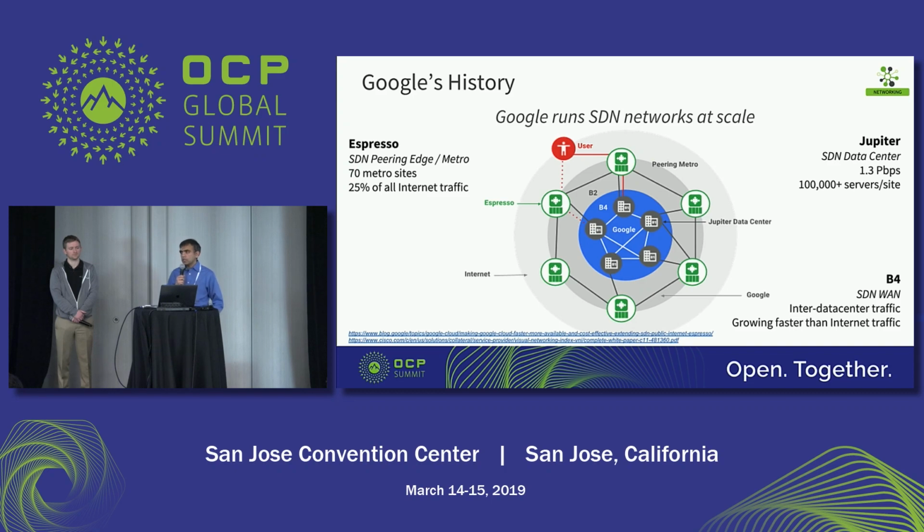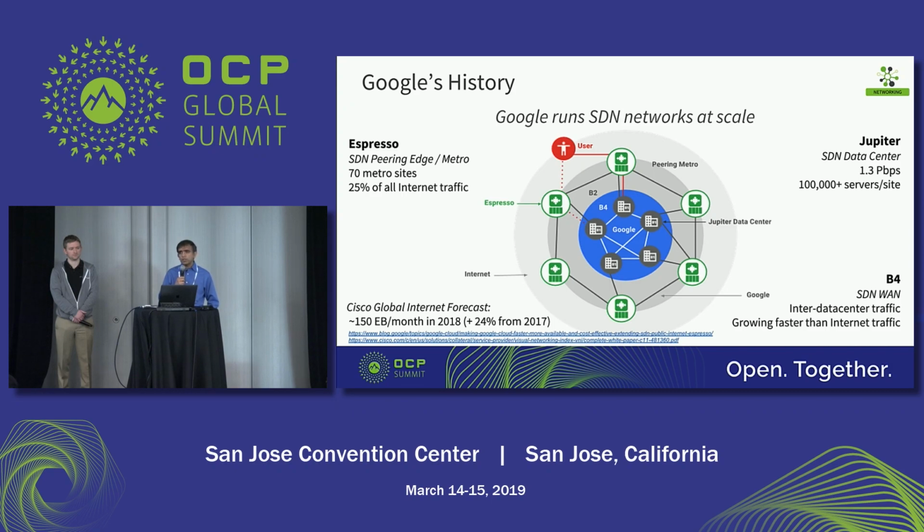We took that success and applied it to the peering fabric that we call Espresso. This is where we peer with the ISPs, and the network that is internal at Google is called B2. We introduced the SDN control plane for the peering, for the metro fabric, and this is called Espresso.